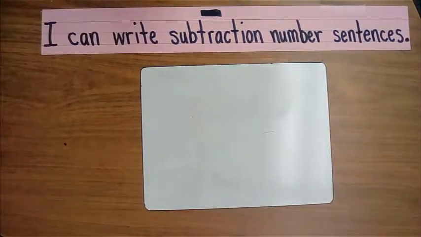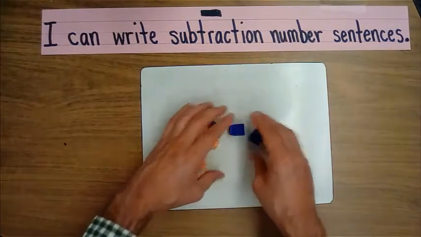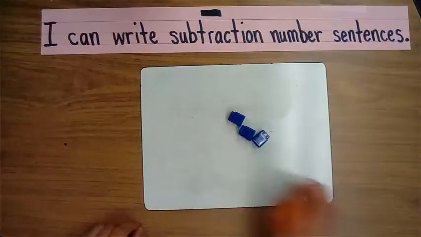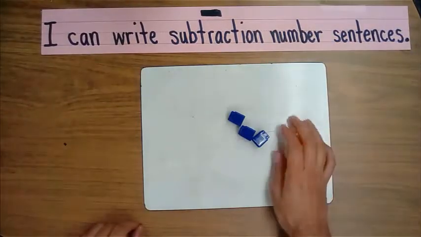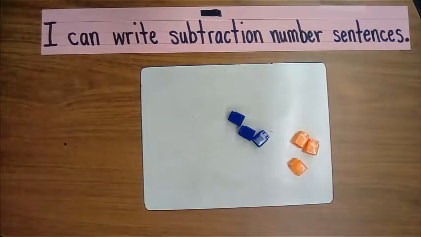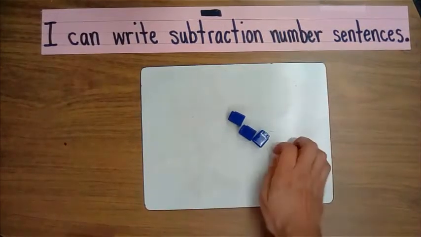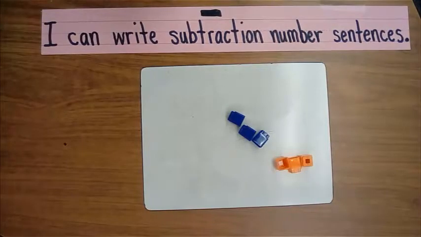Okay, now let's do another one. Now, what if I had 6 and I subtracted 3? Now what do I have? I have 3 left over, so the difference is 3. Great. How can I write that?